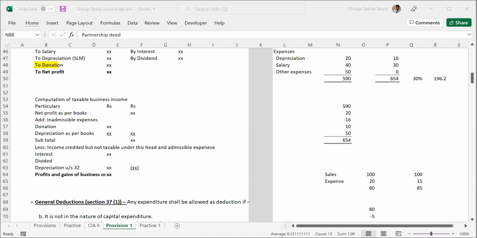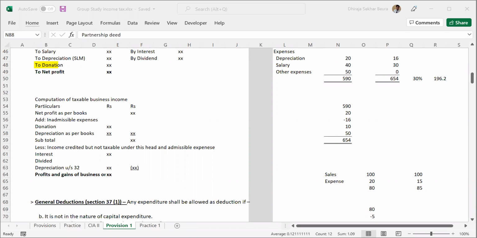1.5 lakh or 30%, whichever is higher. No, let's first make it clear that it is book profit that we have to calculate first. Okay, how do we calculate book profit? We'll go there once we are done with the book profit.